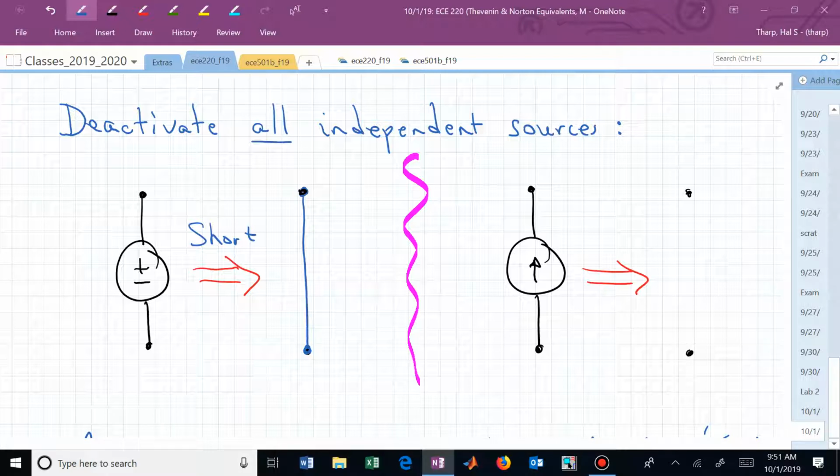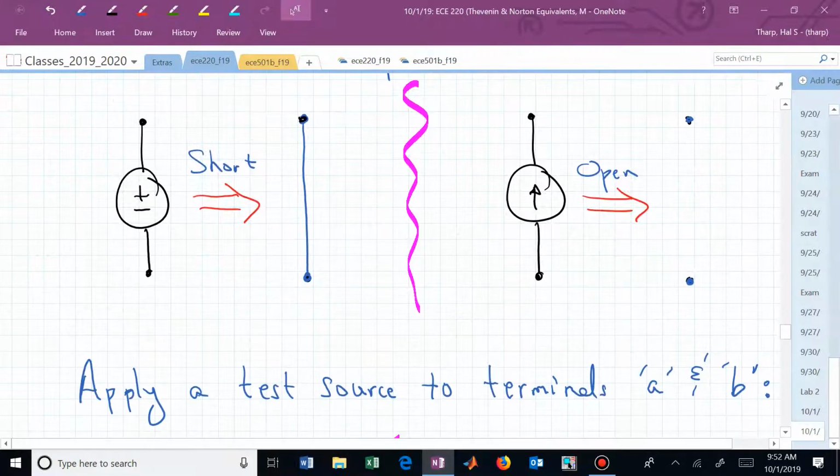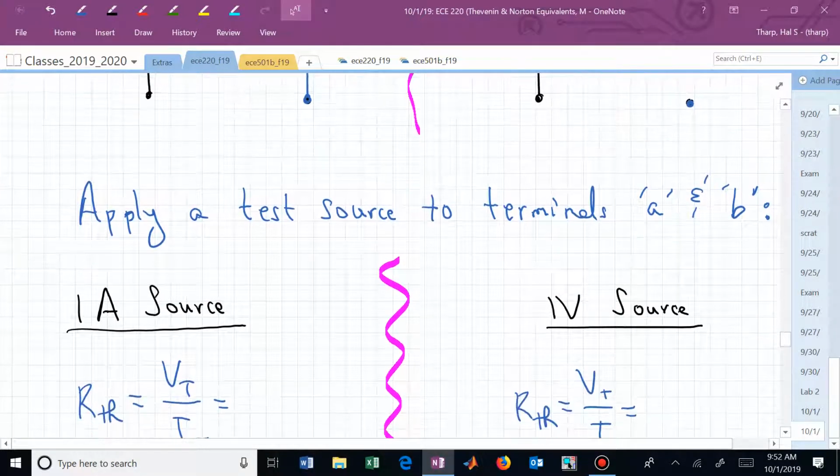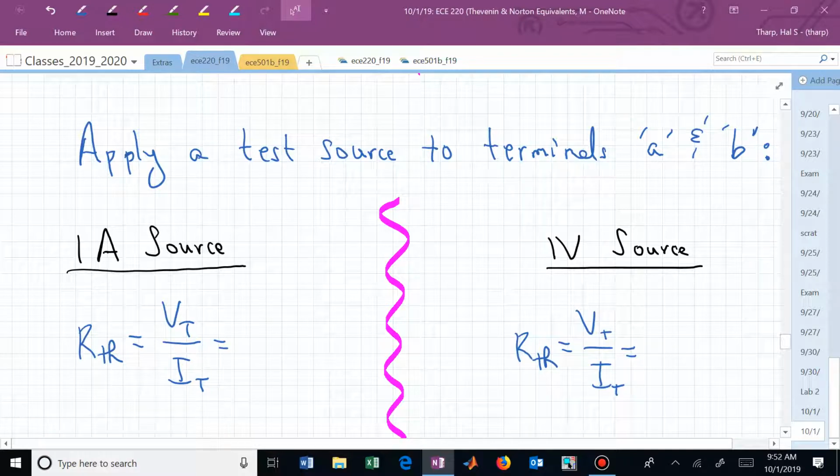You can only deactivate the independent sources. The voltage source is short and the current sources open up. If there was then a branch, you can remove that branch where that current source existed in your circuit when you're doing this first step in method number 3, which is requiring the deactivation of our independent sources.